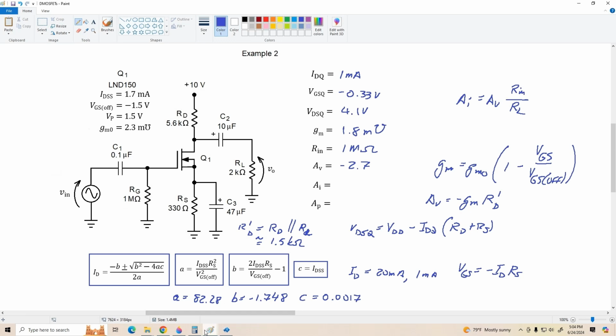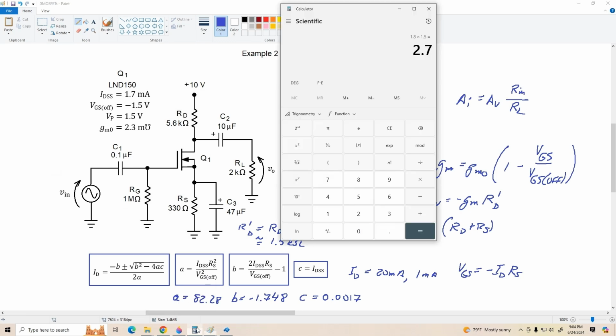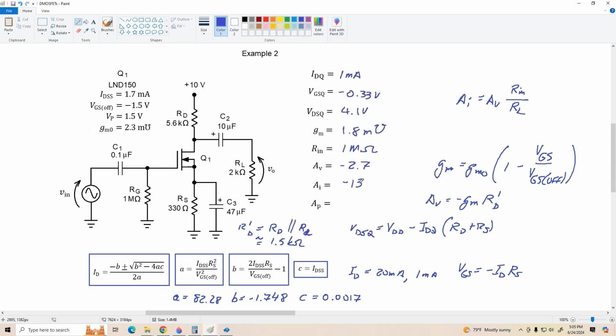So we've got 2.7 times 1 million divided by 2,000, not 20,000, 2,000, which is about 1350. Let's just call it 1300, negative 1300.